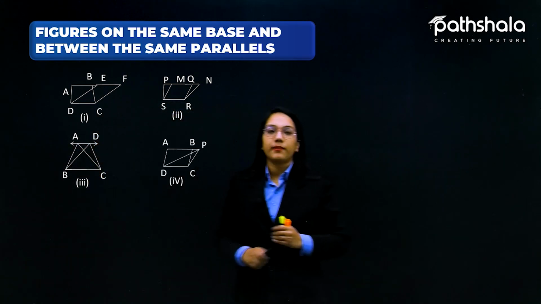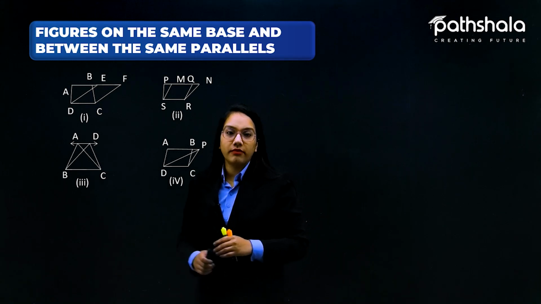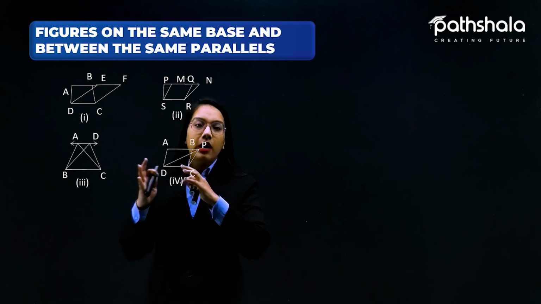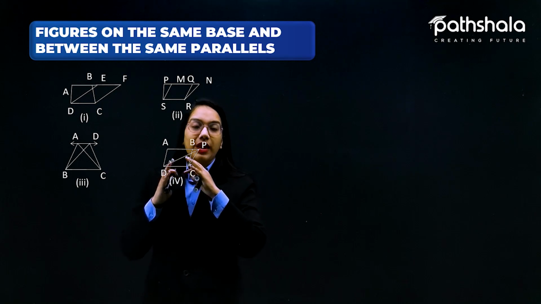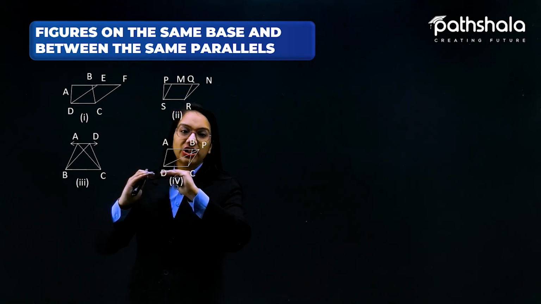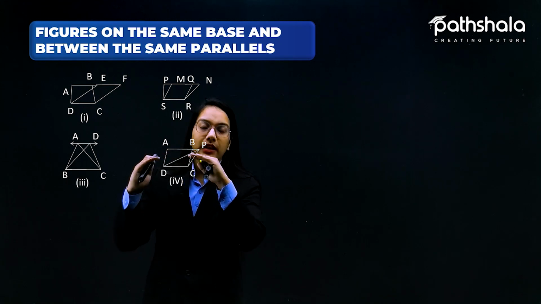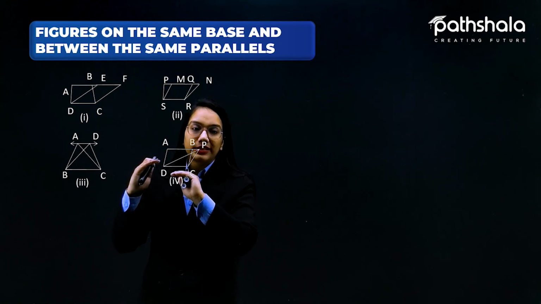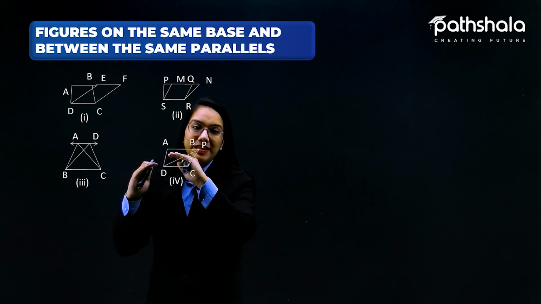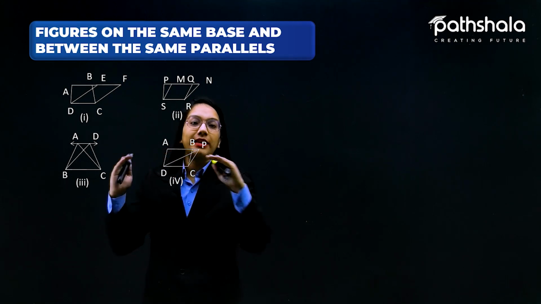Furthermore, in this figure we have a parallelogram and a triangle. They are again lying on the same base DC and between the same parallels, or we can say the vertices opposite to the common base are lying on the same straight line.